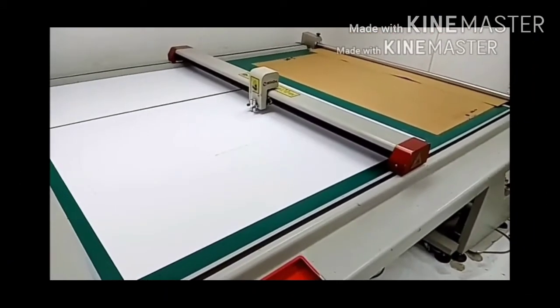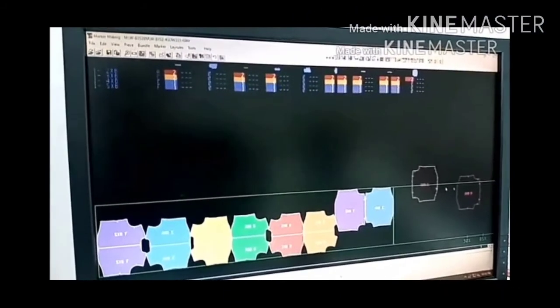This is the computer pattern cutting table. See, he is doing the mini marker. He will send it to the merchant. The merchant is very important. He can contact the buyer regarding consumption and booking purposes.